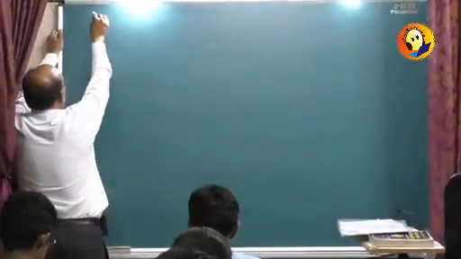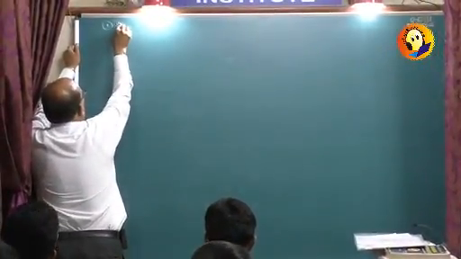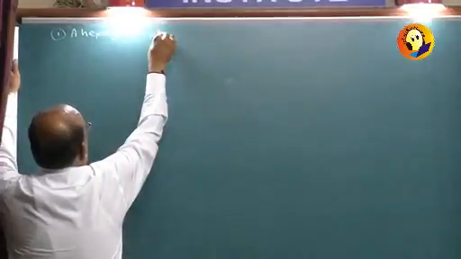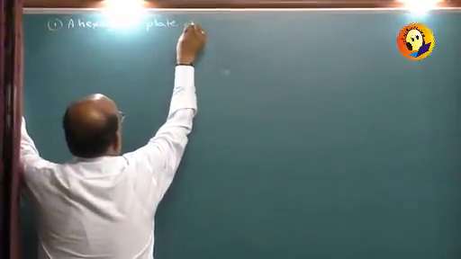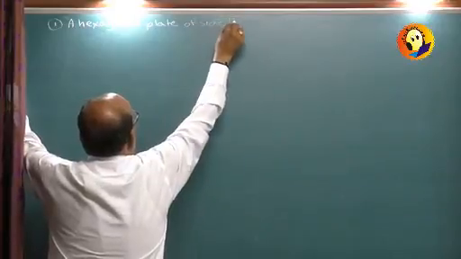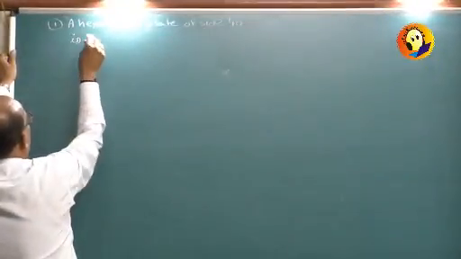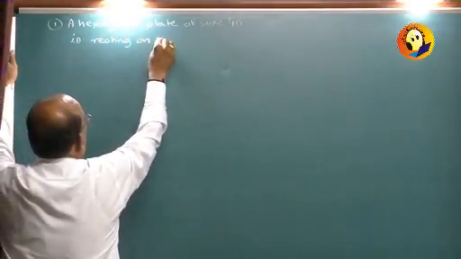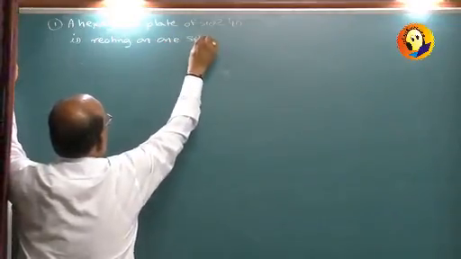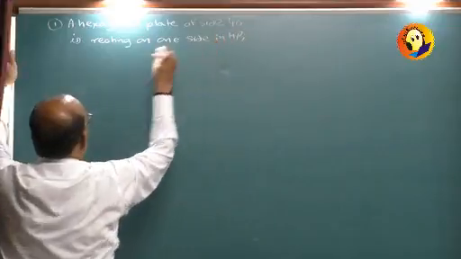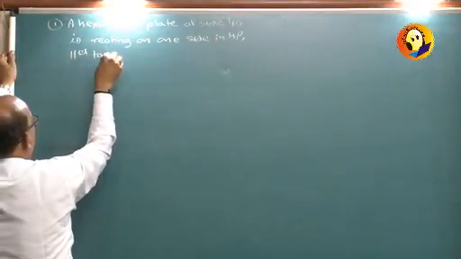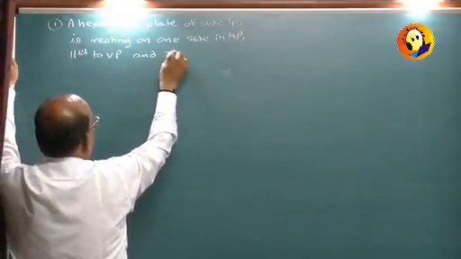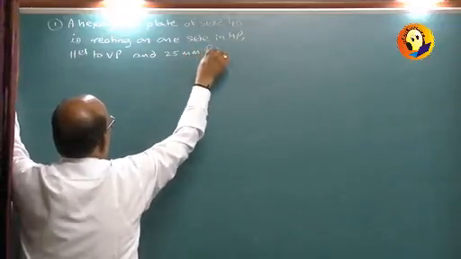There are two problems. Number one, a hexagonal plate of side 40 mm is resting on one side in HP, parallel to VP, and 25 mm from VP.